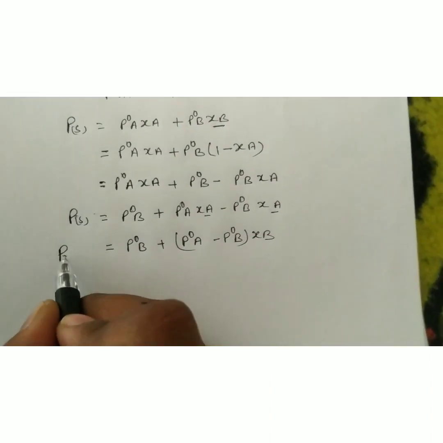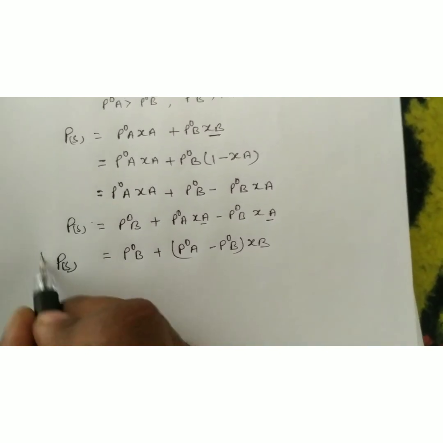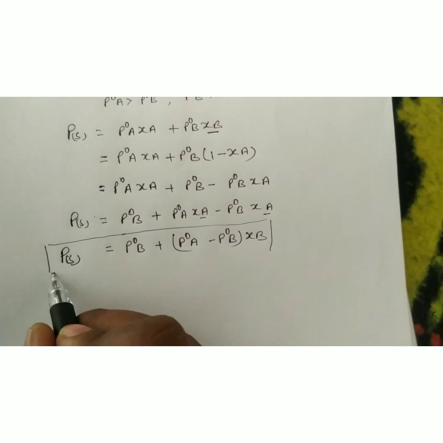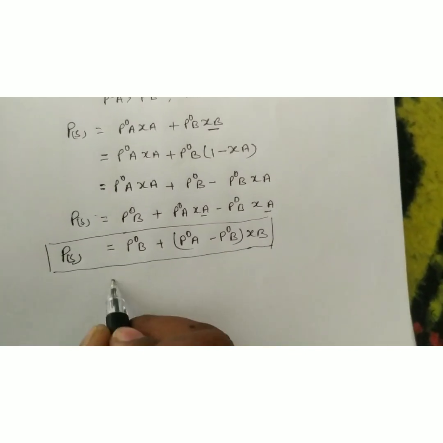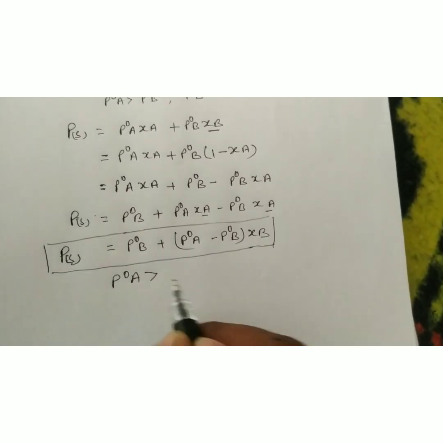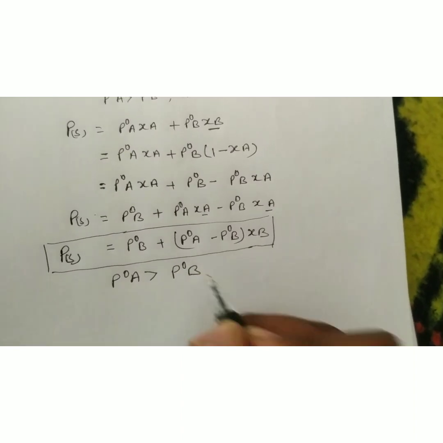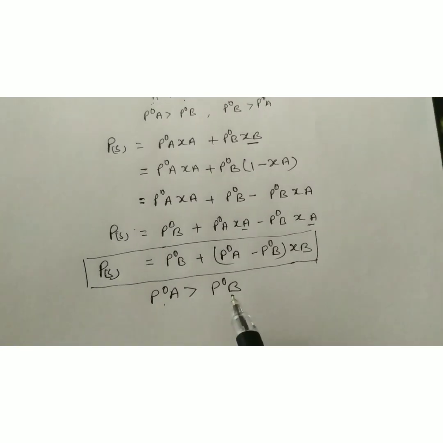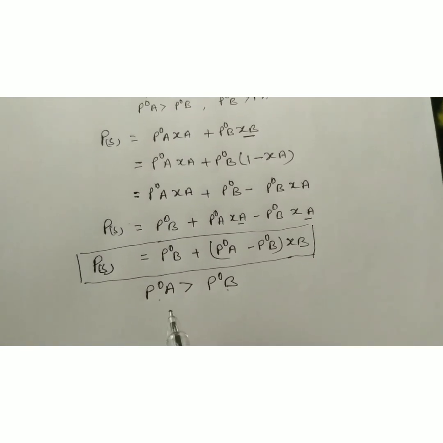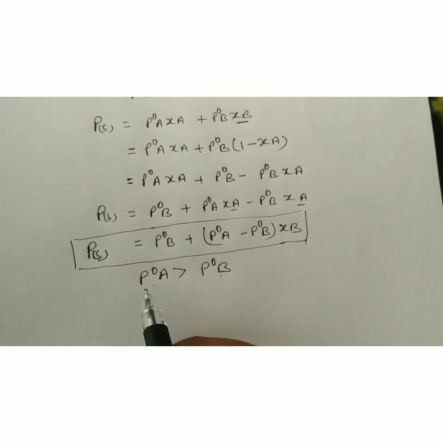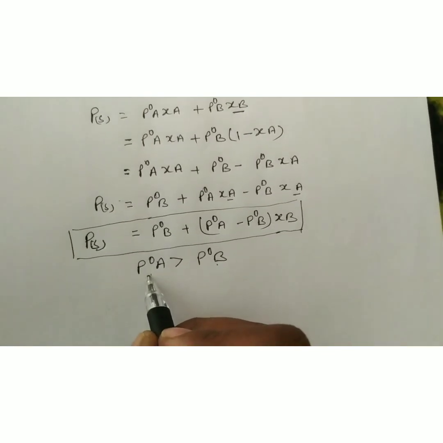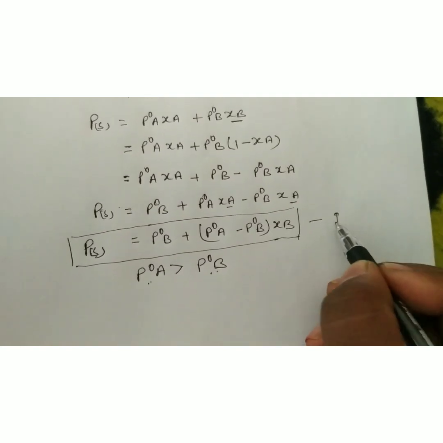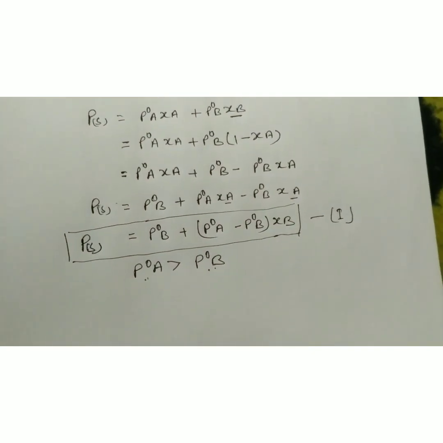This is the total pressure of solution. This is case first, when P naught A is greater than P naught B, meaning when the vapor pressure of component A is greater than the vapor pressure of B. In other words, when the vapor pressure of solute is greater than the vapor pressure of solvent, the equation will become this one. This is equation first. Clear?